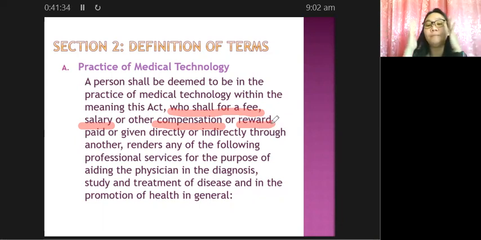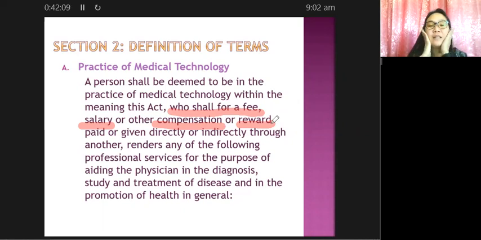For compensation, no, because compensation may be in the form of a reward, or it may not necessarily be monetary. So a fee, salary, compensation, or reward may be monetary or not monetary for that provision of this section. Paid or given directly or indirectly.